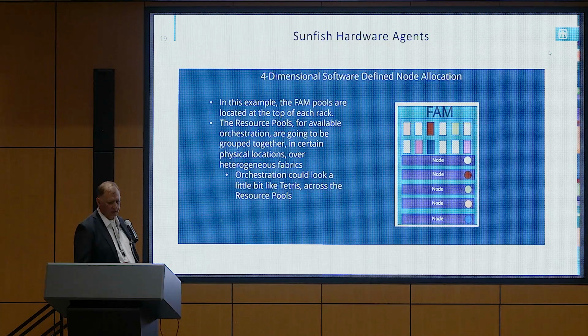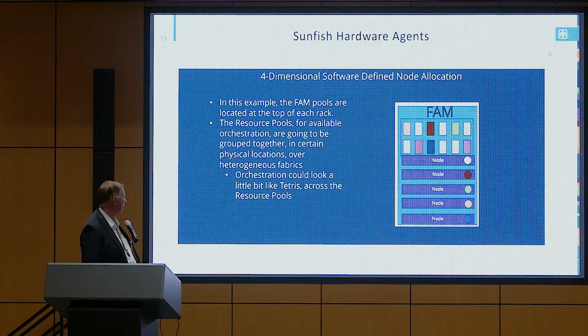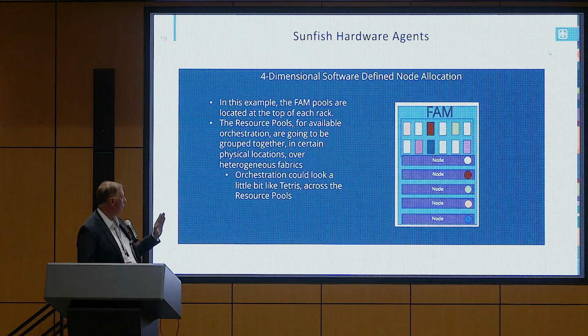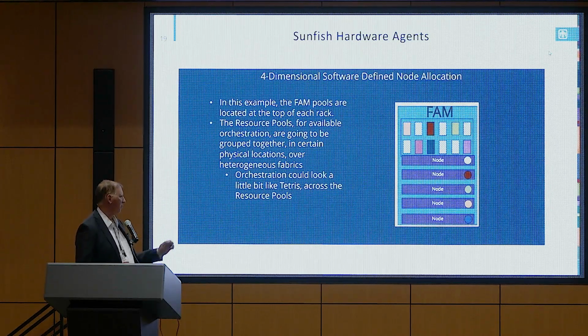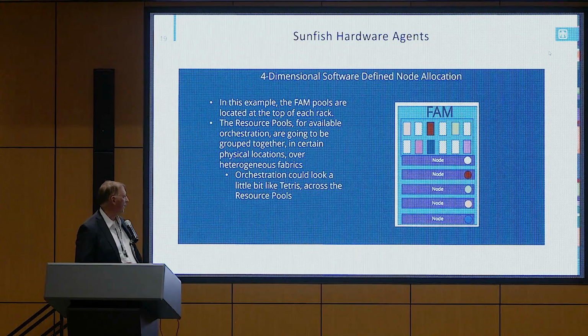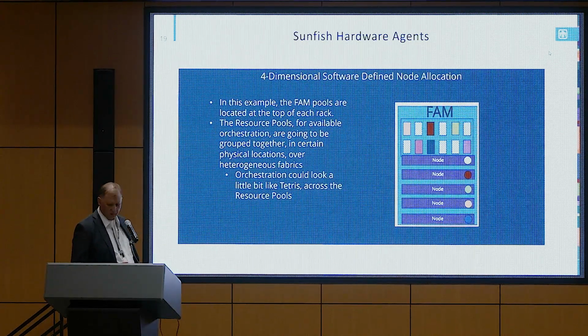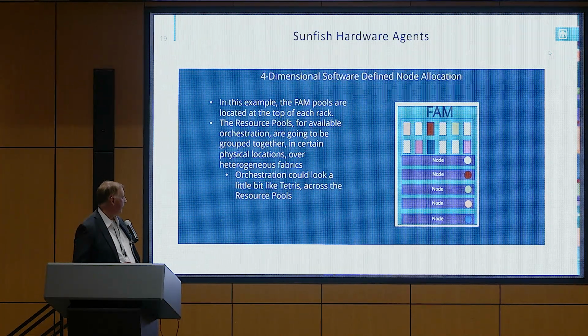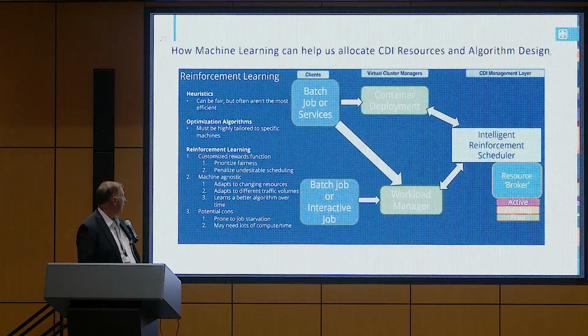In each pool of nodes, we can allocate hardware based on the top pools. Here we've got color-coded nodes with the associations to the hardware on the top. We've got memory pools on the top of the rack, and they're augmenting the nodes underneath with fabric attached memory. Then we're using those for the burst buffers.